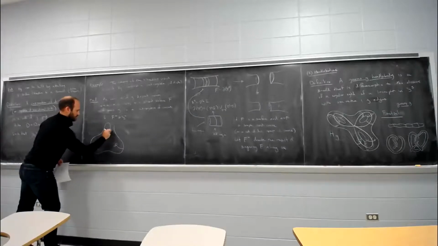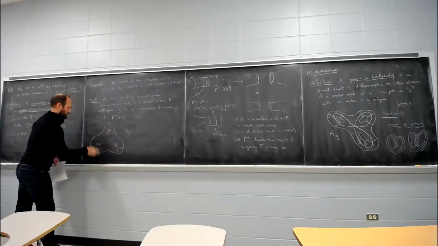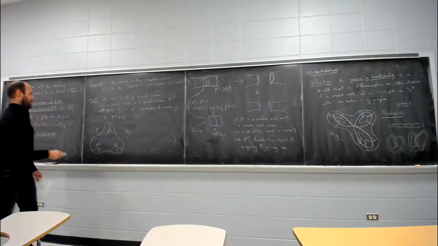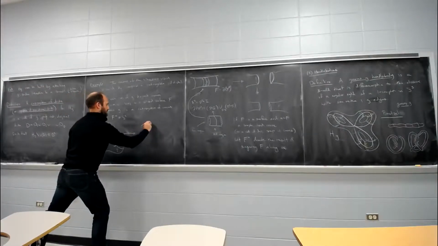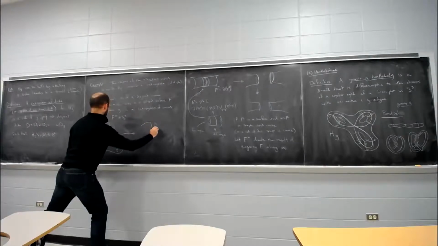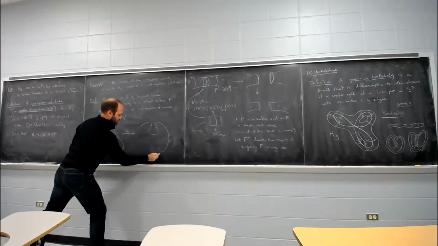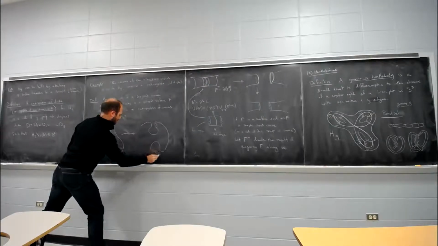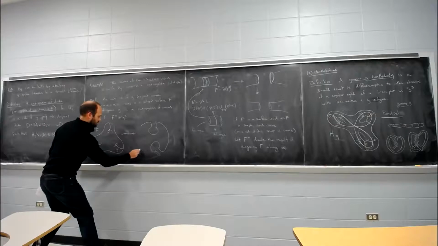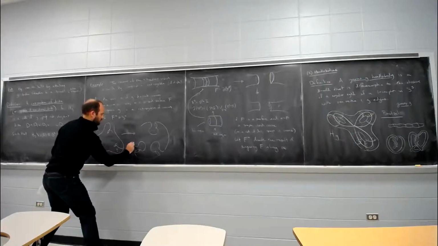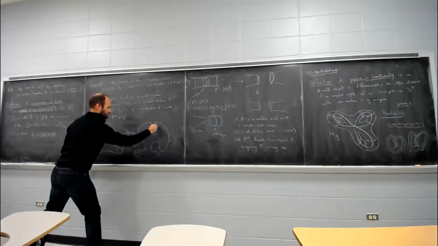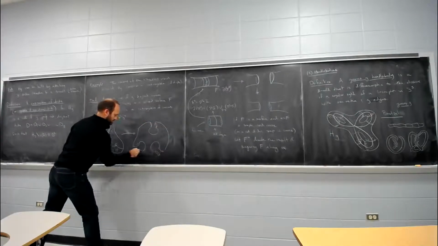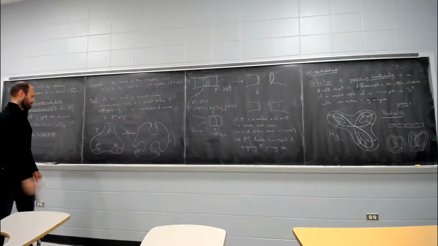This is alpha 1, alpha 2, alpha 3 on this genus g surface F. And then if we surger, of course, what we're going to get is this picture, which is this here.